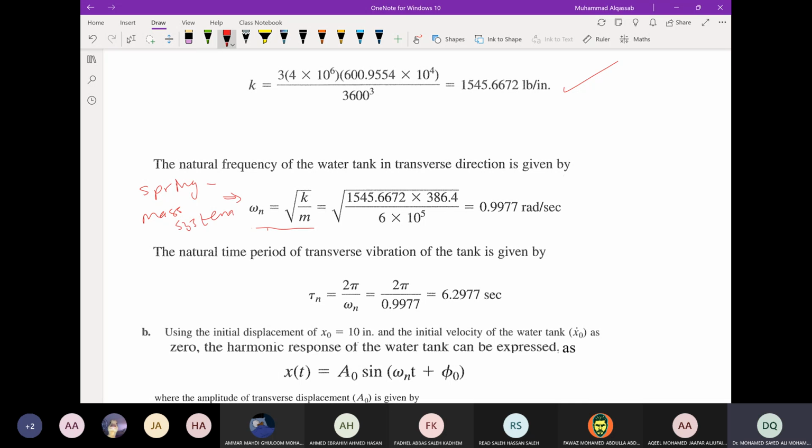K is calculated as 1545, divided by M. The mass is not given.